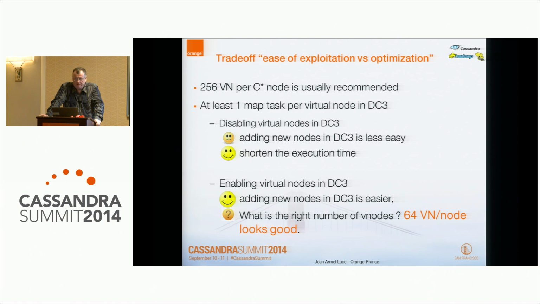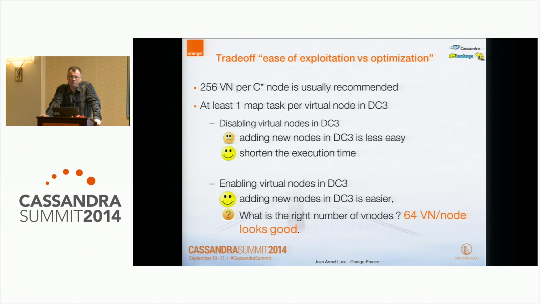There was also an interesting question: how many virtual nodes per Cassandra node in the third data center? The problem is that when we execute a Hive query, it generates some MapReduce tasks, and there is at least one map task per virtual node in the third data center.